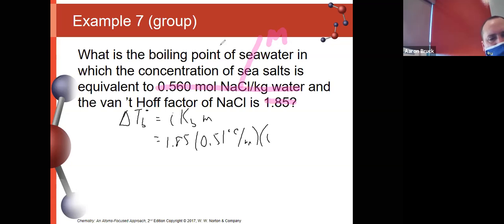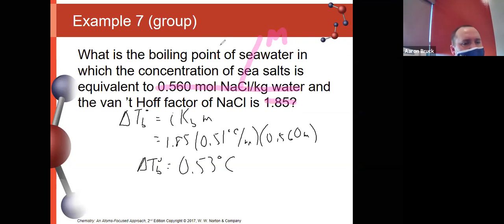And the molality here is 0.560. So if I take that 1.85, multiply it by 0.51, multiply it by 0.560 to 2 significant figures, I get 0.53 degrees Celsius. So that's how much the boiling point has increased.